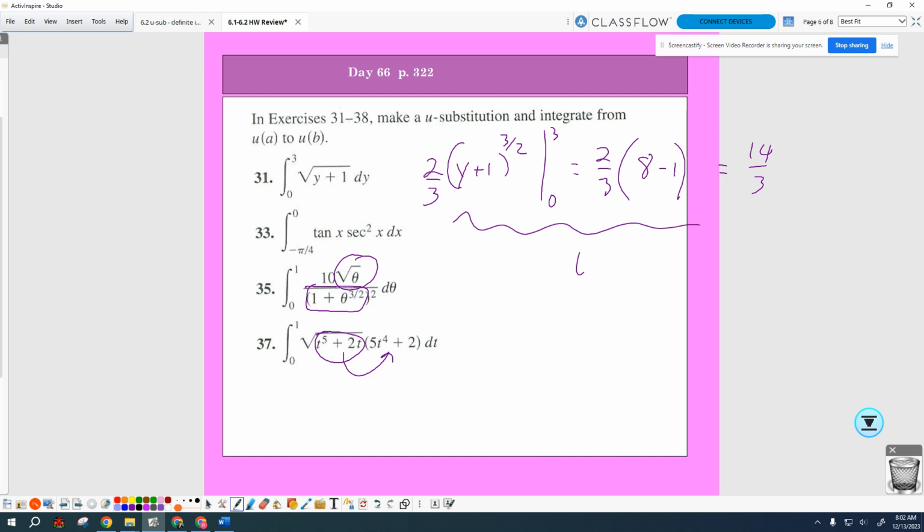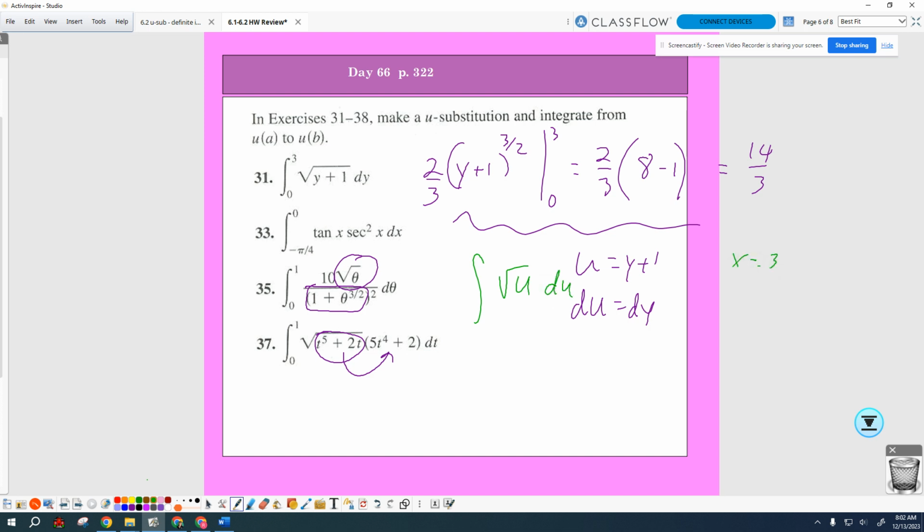If I do u substitution, I get the integral of the square root of u du.